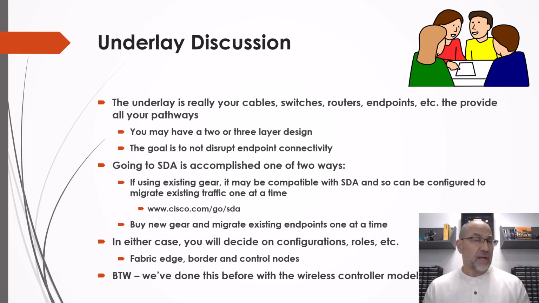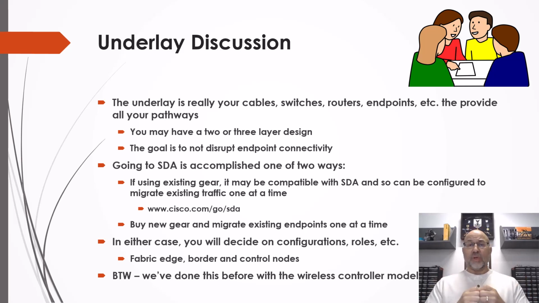Now, this all sounds pretty doggone confusing if you're just getting used to the terminology. But if you're familiar with wireless gear, we've done this model already, right? If you're a campus or an enterprise and you say, well, we're going to do wireless, and we've got 100, 200, 1,000 access points. Well, how do you manage all of that? Well, today, when we have a lot of access points, we do a controller.